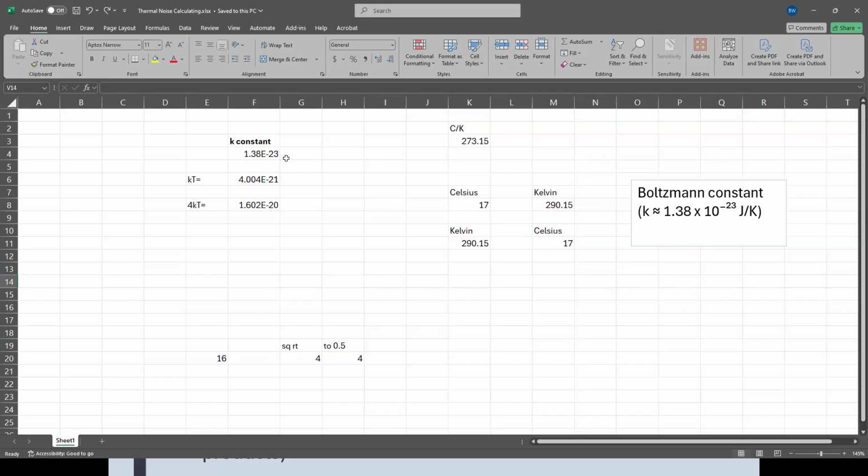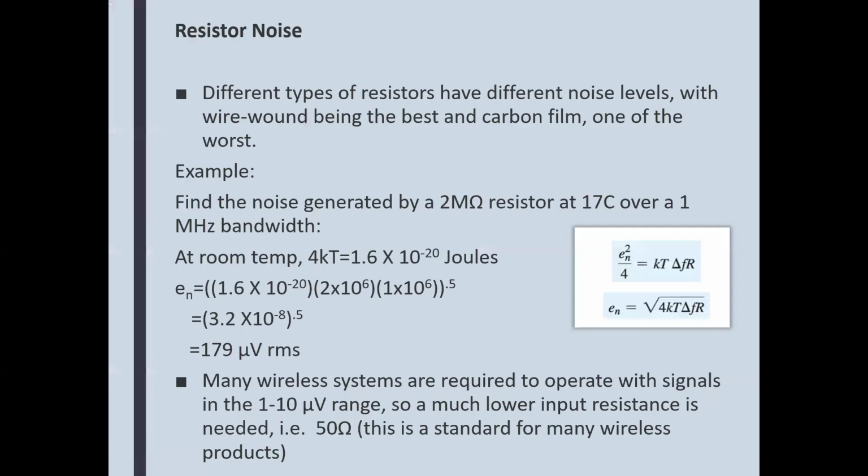We convert the 17 degrees Celsius into Kelvin, so we have 290 kelvins. The K times T, and then 4kT, gives us 1.602 whatever times 10 to the negative 20, and that's what we have here.